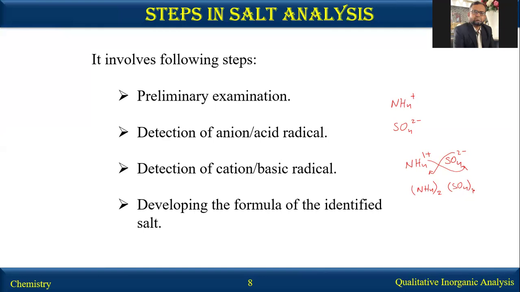If there is one, then we don't need to write the bracket and this number. So the formula of ammonium sulfate is (NH4)2SO4. So finally, we will identify the salt and we will write the formula of the compound as per your analysis.